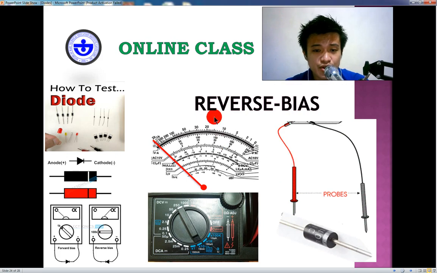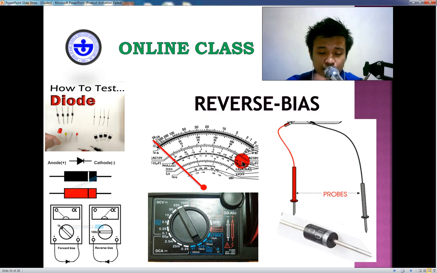Okay, next one. This is now the formation of the reverse bias. The same thing, you need to set your needle pointer exactly, set your range selector to times 10, and of course, before testing, make sure that your needle pointer is set at 0 ohm. Once you remove the two test probes, your needle pointer will go back to its initial position, the infinity side.